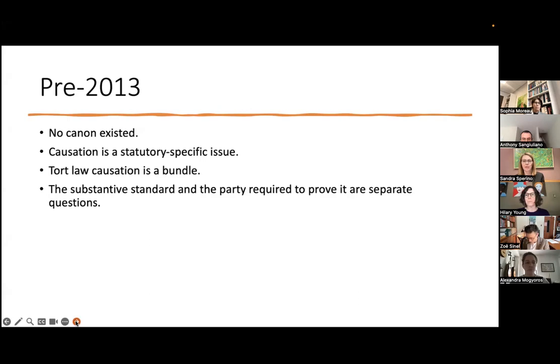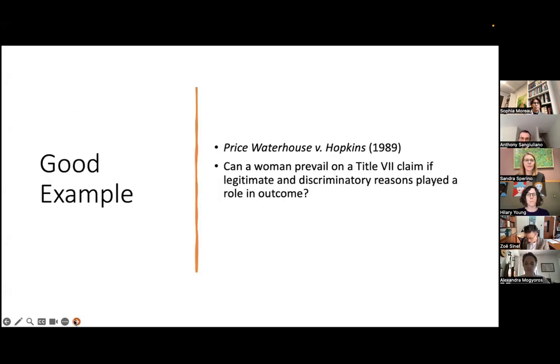Prior to 2013, the court tended to see these two issues as separate, and as we'll see in Price Waterhouse, would sometimes then place the substantive burden on the defendant rather than fully on the plaintiff.